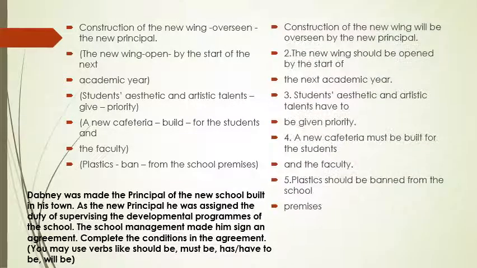So first sentence? Construction of the new wing will be overseen by the principal. Remember, these are all actions that are going to happen, not already happened. The construction of the new wing will be overseen by the new principal. The new wing should be opened by the start of the next academic year.